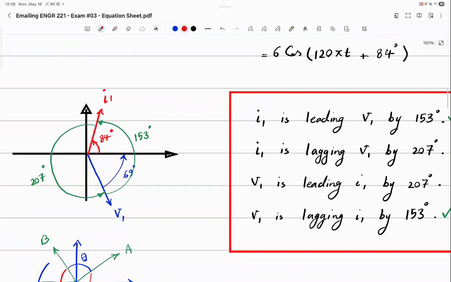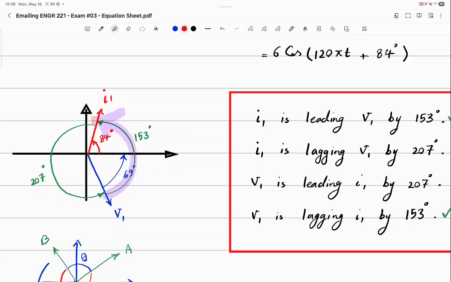For example, in this scenario, if V1 is chasing I1, then we can say V1 is lagging I1. By how much? 153 degrees.